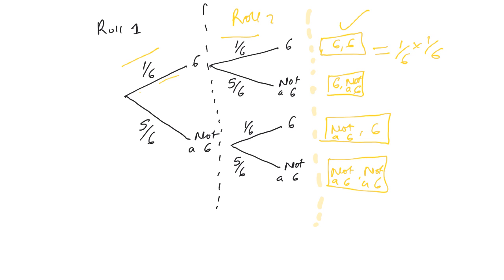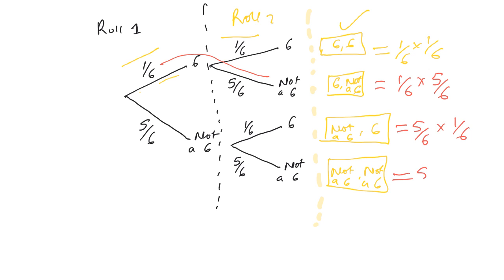What about this other branch? If I move here and then come along here, it is 1 out of 6 times 5 out of 6. The first time you get a 6, but the second time you don't. Here it will be 5 out of 6 times 1 out of 6.